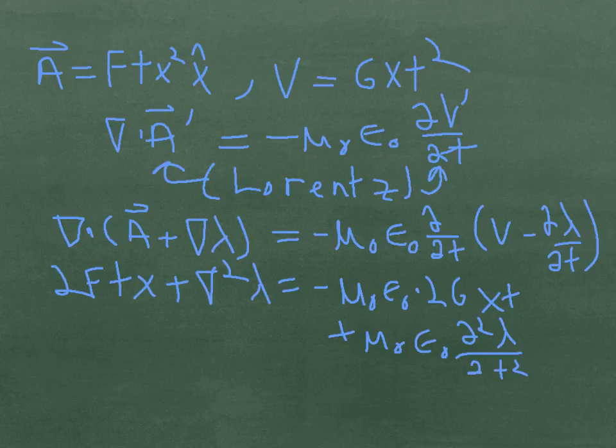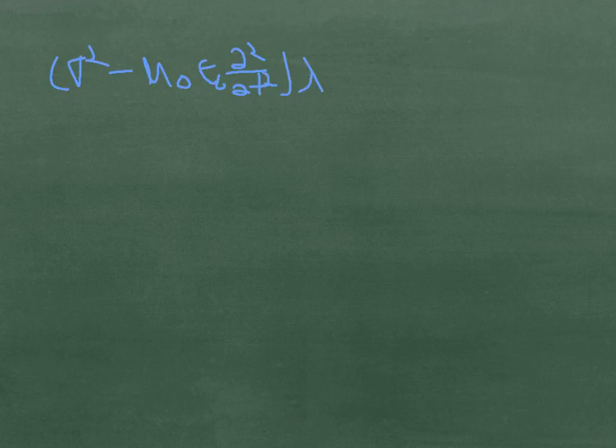We can move all the lambdas onto one side, the f and the g on the other, and so we end up with del squared minus mu naught epsilon naught d squared dt squared, acting on lambda, is equal to minus 2xt times f plus mu naught epsilon naught g. You notice the left-hand side is just the d'Alembertian, or that box square that we talked about.